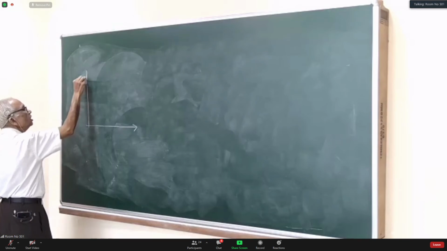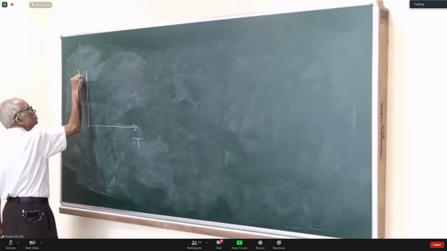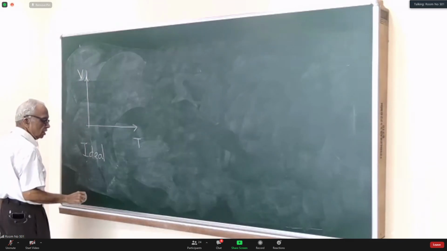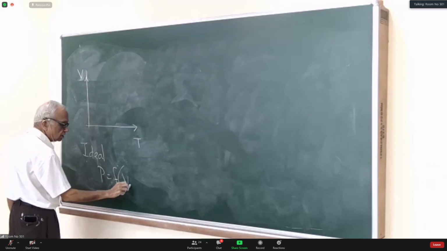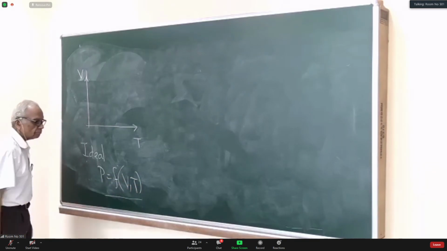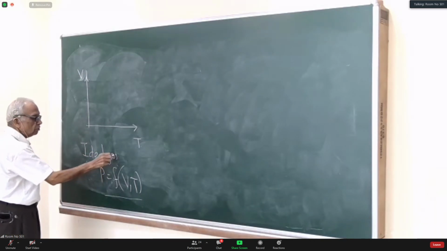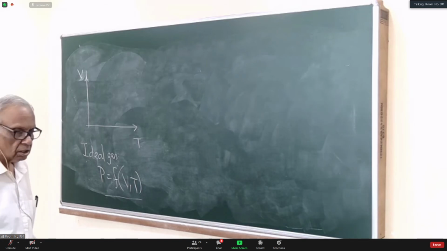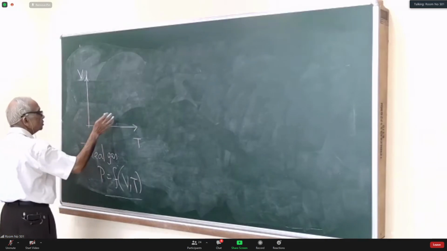One of the ways of showing it for the ideal gas has an equation of state as this we wrote down. So P as some function of V and T. That's the ideal gas, or any gas for that matter. You would like to write the equation of state as a function of V and T. So it's good to do things on this.